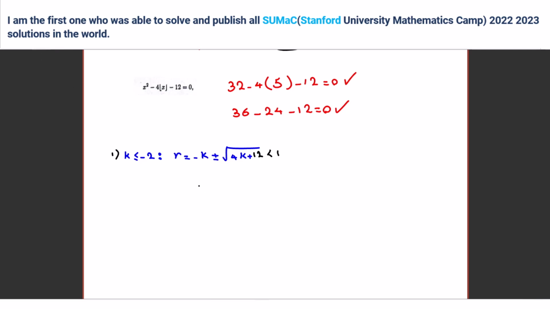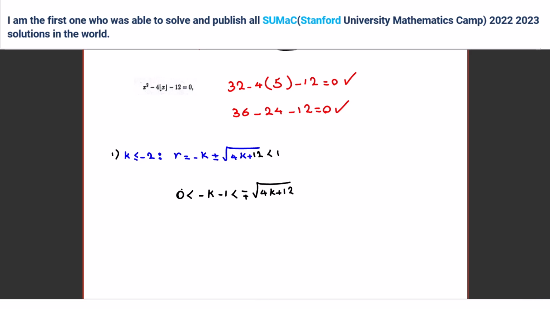So let's check. Minus k is negative, right? Minus k is positive, and we can say minus k minus 1 is less than. So it is a positive number. So if we consider negative plus 4k plus 12, do you agree this one is positive?